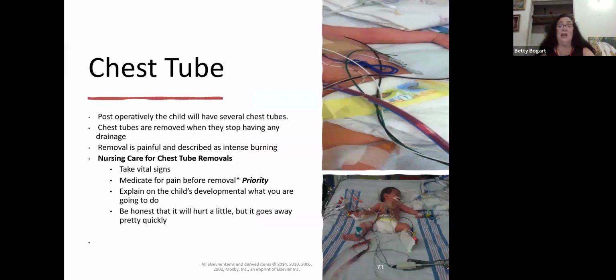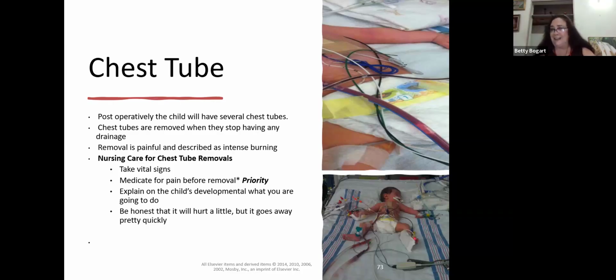Postoperatively, many cardiac children, in fact, anybody with open heart surgery post-op will have a chest tube. Might be one, it might be five, depending on type of surgery, the size of the child, et cetera, et cetera. Now, part of my career, I worked as open heart for adults on the night shift.